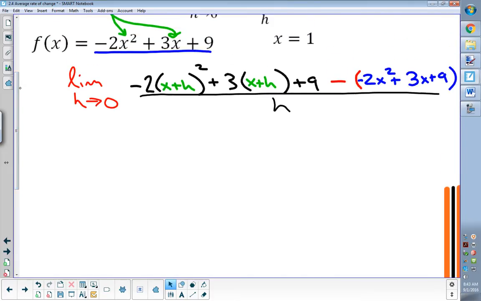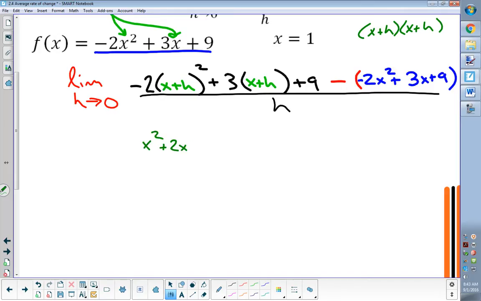Once I've done that, I'm going to start doing some simplifying. Joel, what could I do with this first part? x plus h times x plus h. It's foiling it out. If you're not sure, go to the side and take x plus h times x plus h and see what you get. It is x squared plus 2xh plus h squared times negative 2.